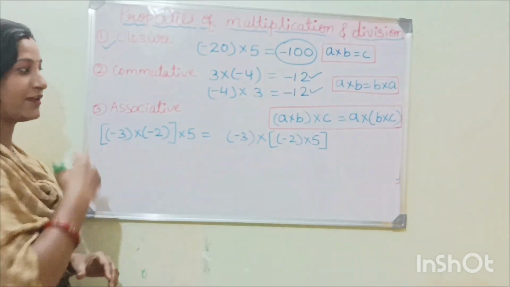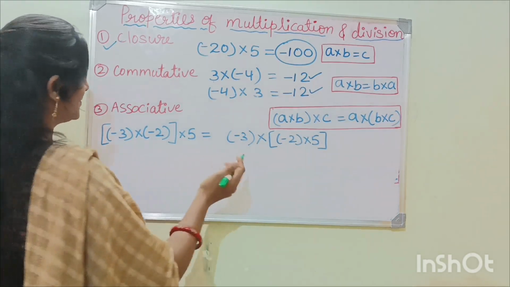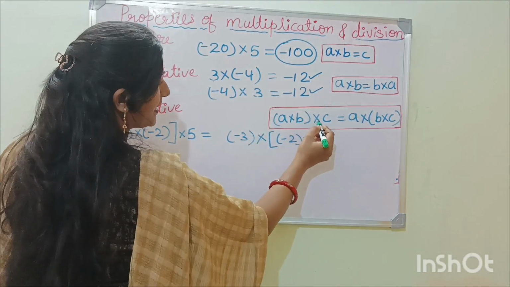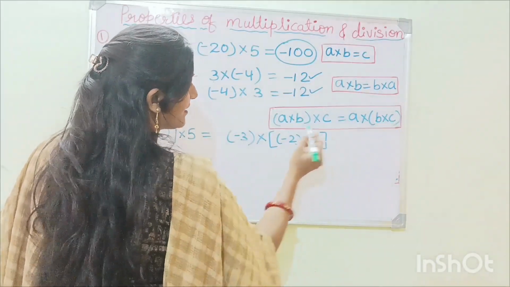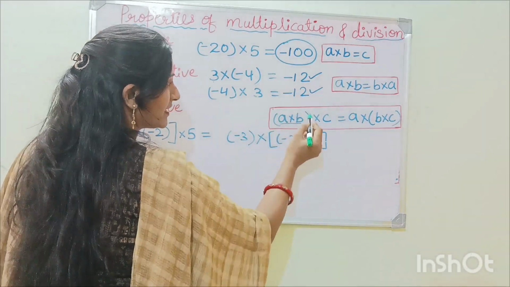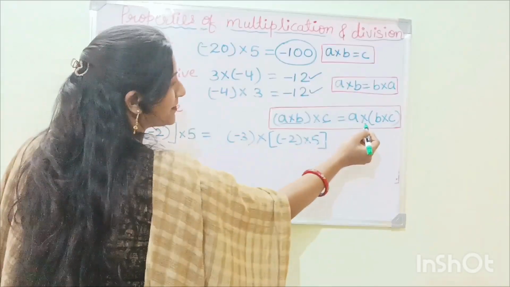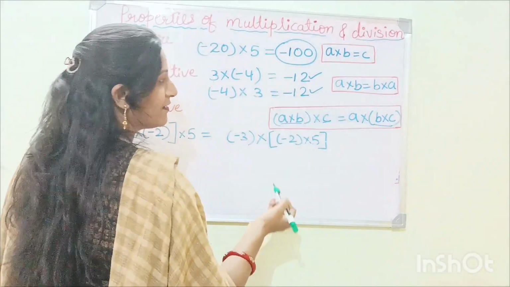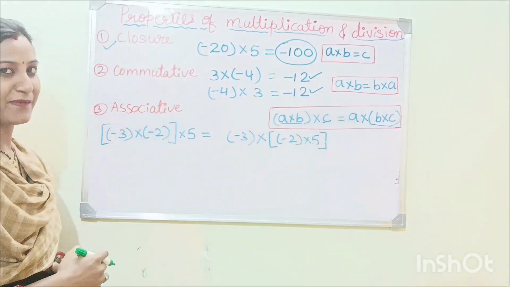So the associative property. The associative property says if we are regrouping, we are getting the same answer. So here, A into B into C, then A into B into C. First we multiply A into B, and the product which we get, we multiply with C. Here the product of B and C, what we get, we multiply by A. So we'll get the same answer.